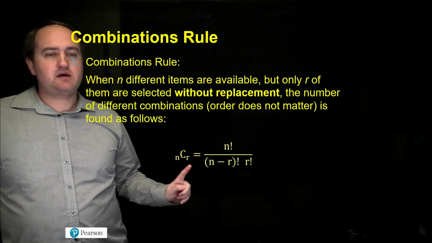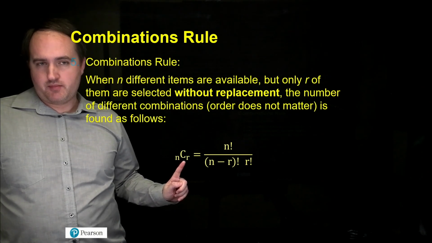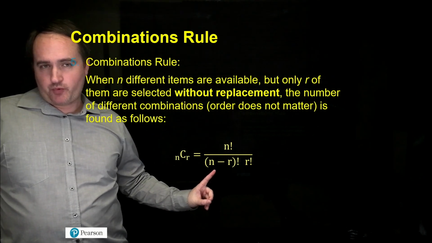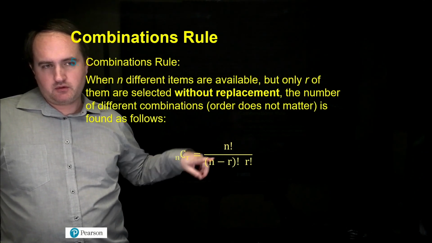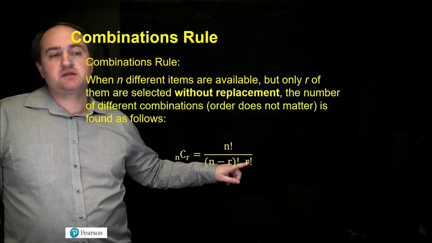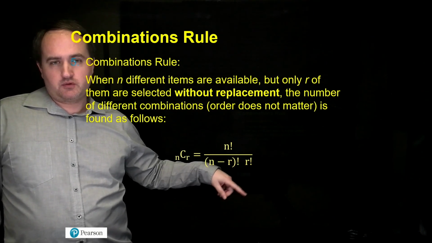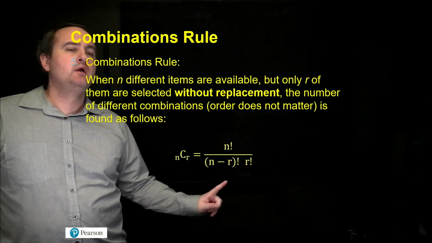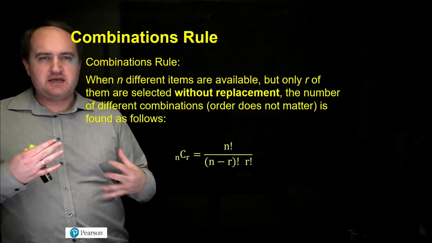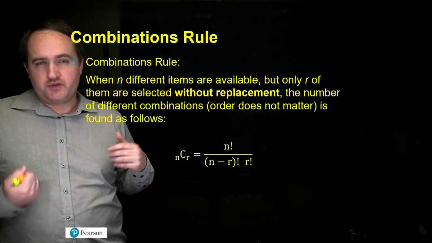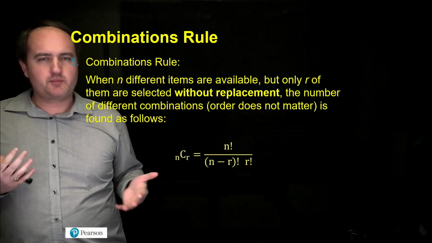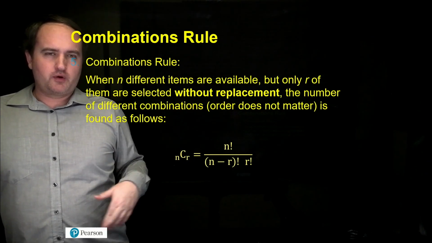So nCr, C stands for combinations, equals, well, this formula is the same as the permutations formula, so it's n factorial over (n minus r) factorial, but it also has an additional r factorial on the bottom. And when they divide by that extra r factorial, that's basically sort of like uncounting the possibilities where order does matter.